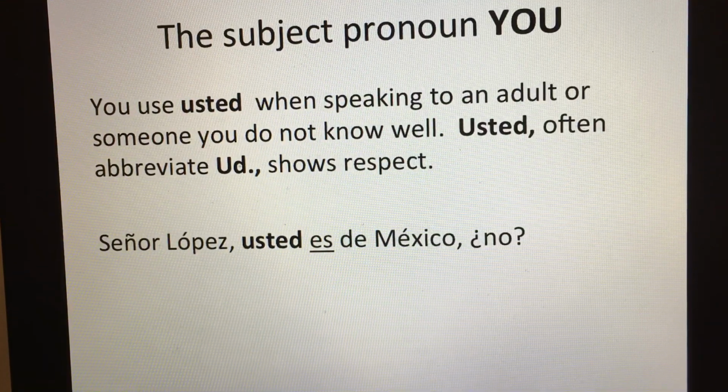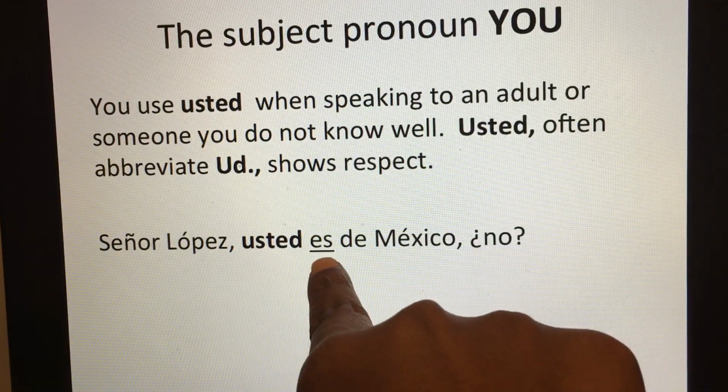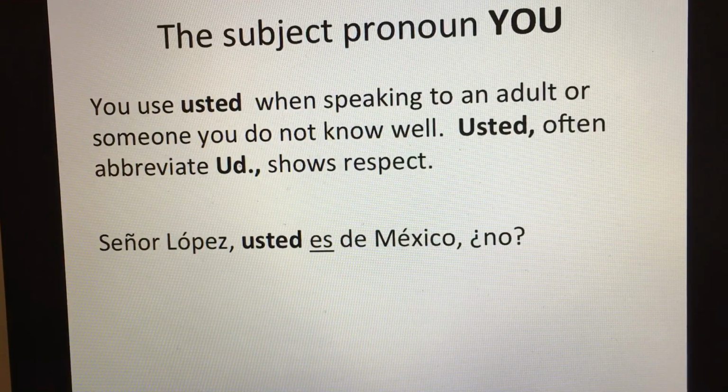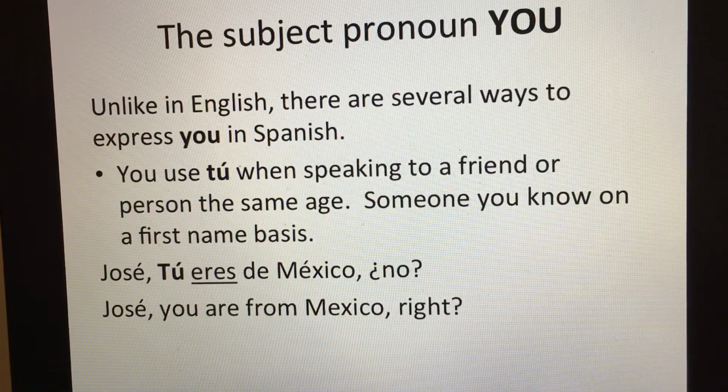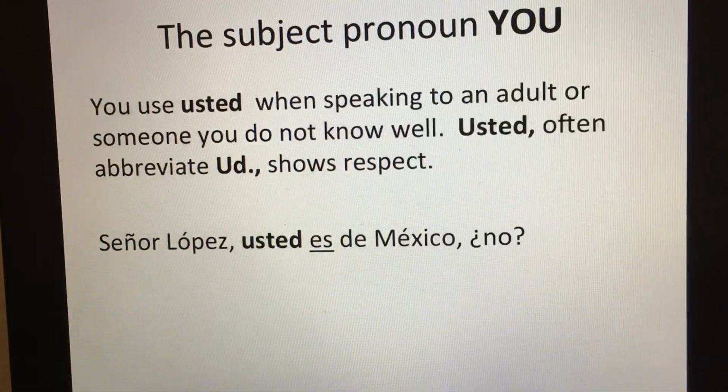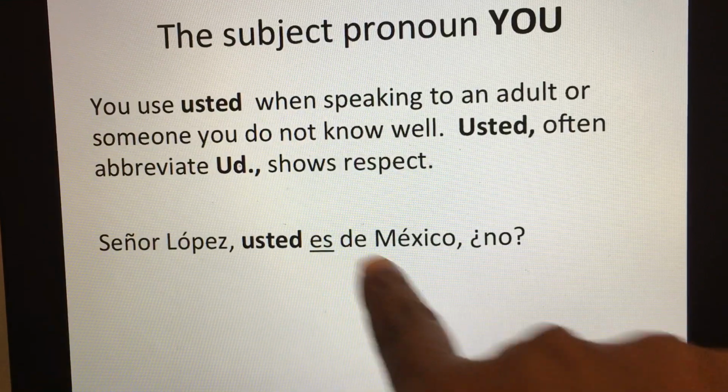But instead, you use usted es de Mexico, ¿no? This is very common in the Spanish language. There are two ways of saying you. There's the usted and there's the tú. Notice the rules of when to use it and look at how the verb ser is conjugated. It changed its form when you say tú eres to usted es.